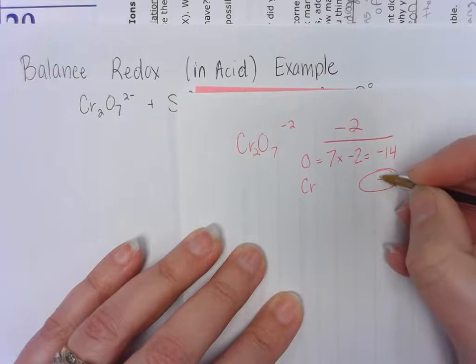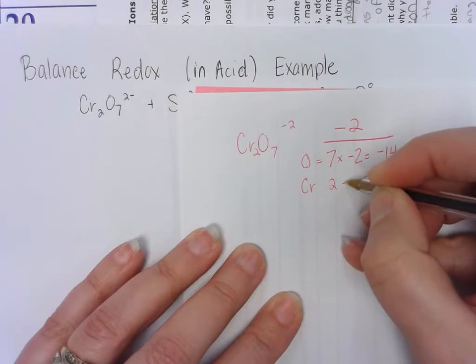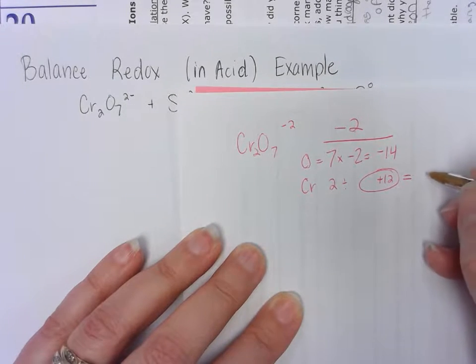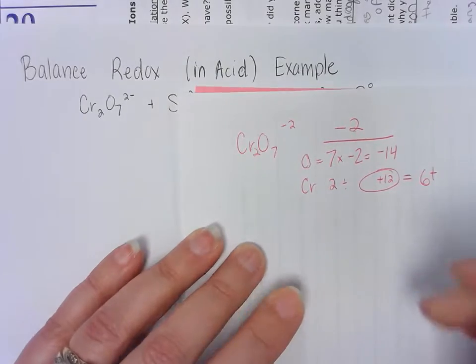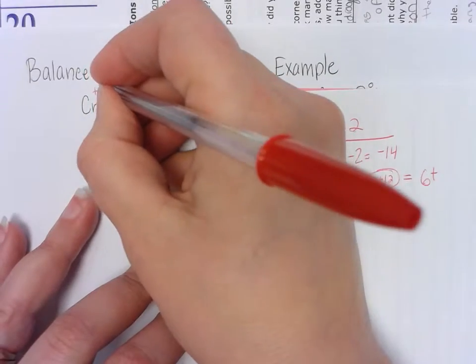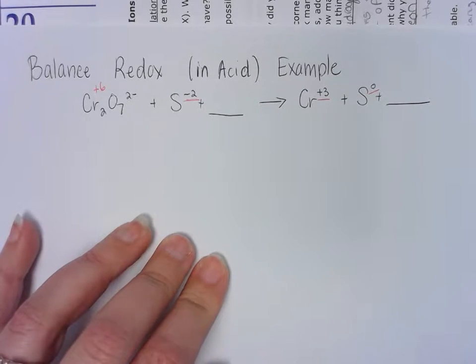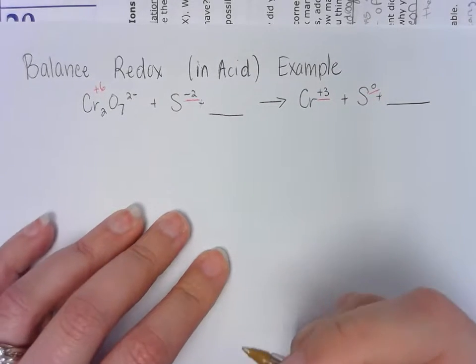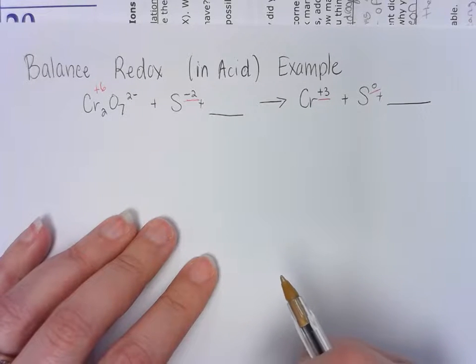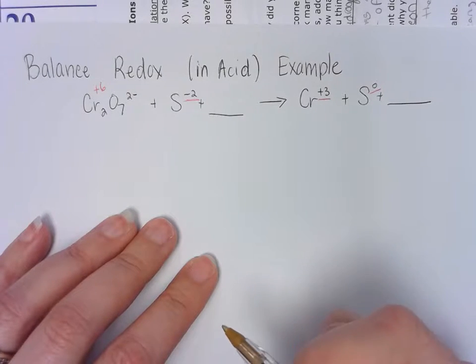So I know that this is going to be 12, and there are 2 of them, so each charge is going to be a +6. So I can come back into my equation, and I can add that the chromium in that dichromate is a +6 charge.